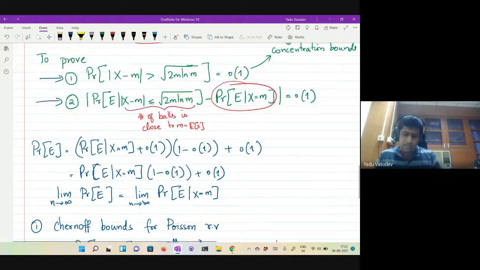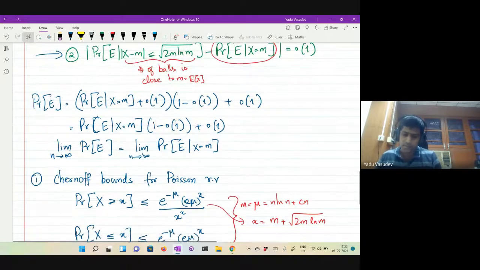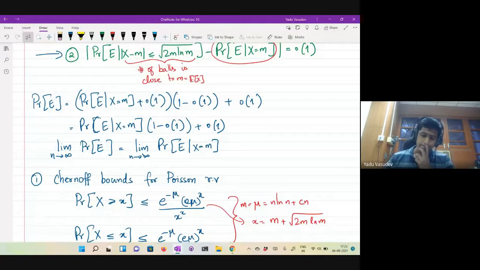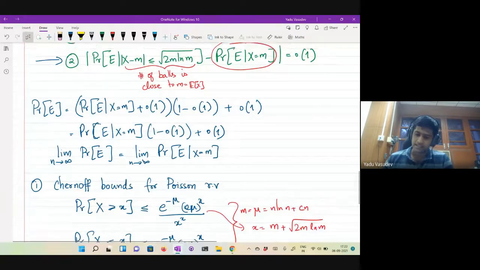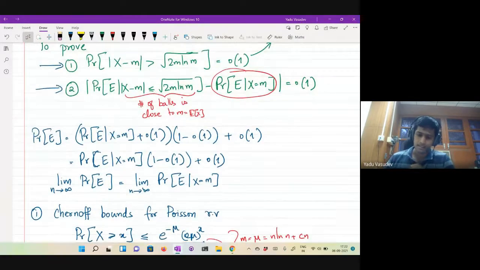So part one basically amounts to substituting values into this equation and then checking that it is indeed little o of 1. That is the first part of this.